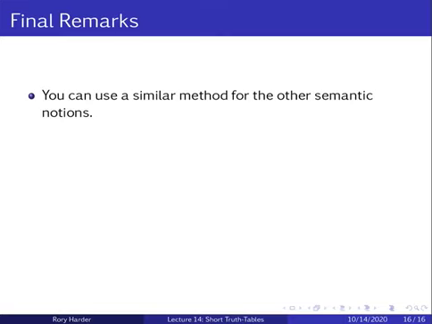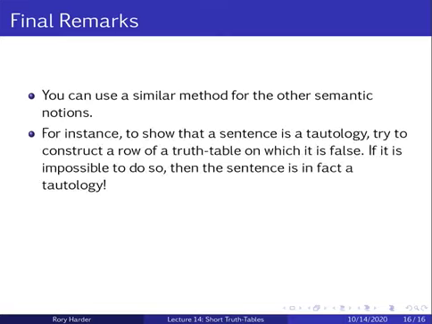Some final remarks: you can use a similar method as this for the other semantic notions. For instance, to show that a sentence is a tautology, you can try to construct a row of a truth table on which it is false. Then if you find that it's impossible to construct a row of its truth table on which the sentence is false, then you know the sentence is a tautology, because you know it's impossible for any row of that truth table to be one on which the entire sentence is false.